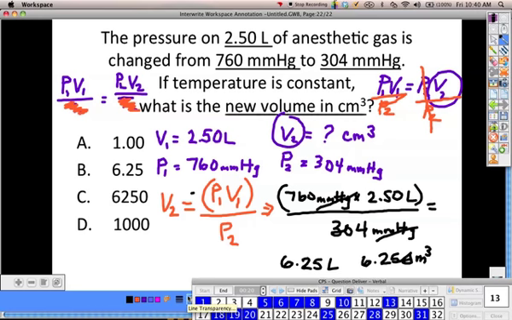Is that what I want my answer to be? No. So what I want you to do is figure out what it would be in centimeters cubed. And I'll give you almost a minute to figure that out and click in your answer.